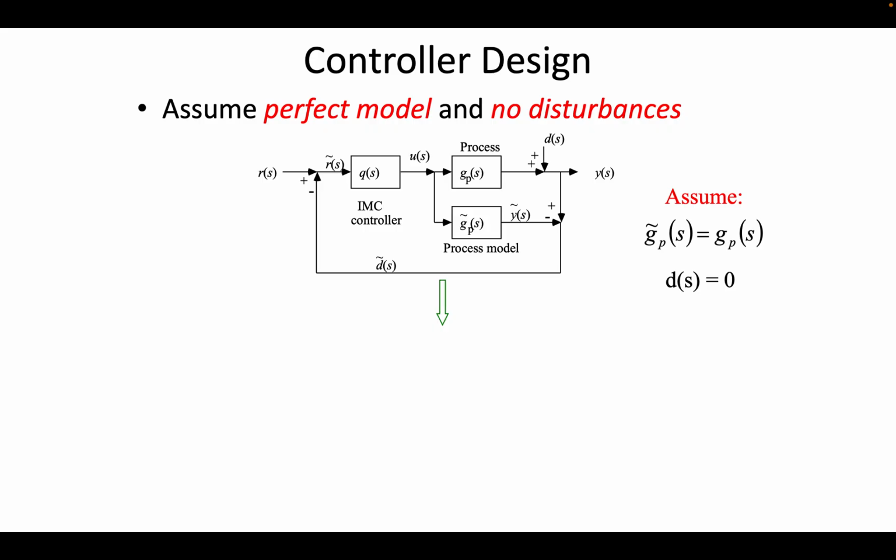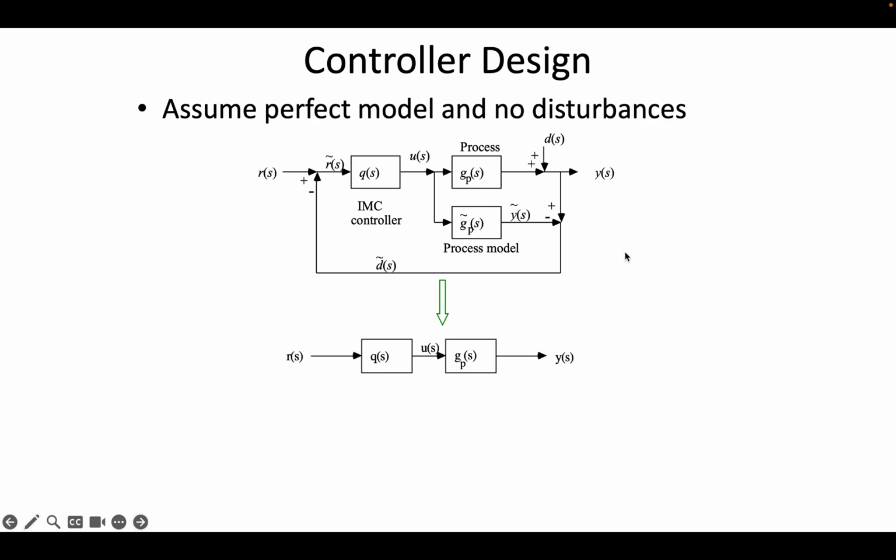Let's say there's no disturbances entering the process. So this term D is equal to 0. And let's further assume that the process model perfectly characterizes the behavior of the process. So that is, the model GP squiggle is equal to the actual process transfer function GP. All right.